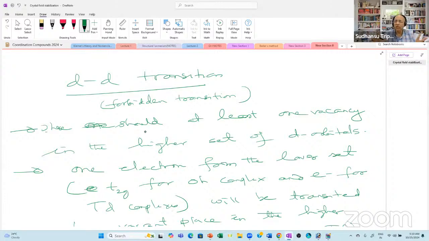And there is another rule called spin allowedness. If delta S is equal to 0, then it is allowed. That means if from the t2g set an electron is spinning, say anticlockwise, it will go as such. For example, when you go for a high spin complex, by Hund's rule, it goes in the same direction.